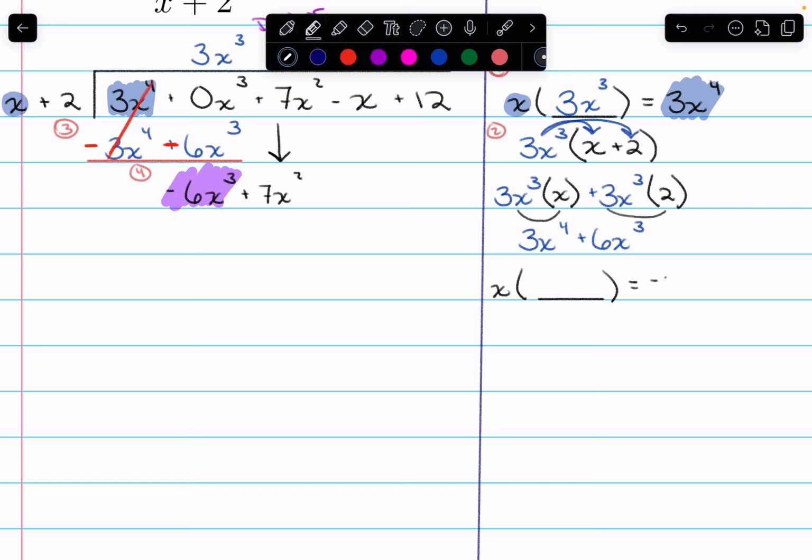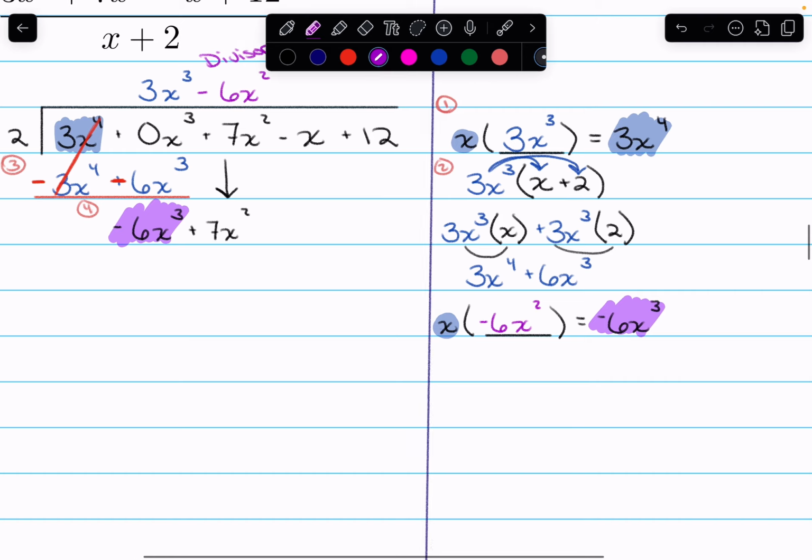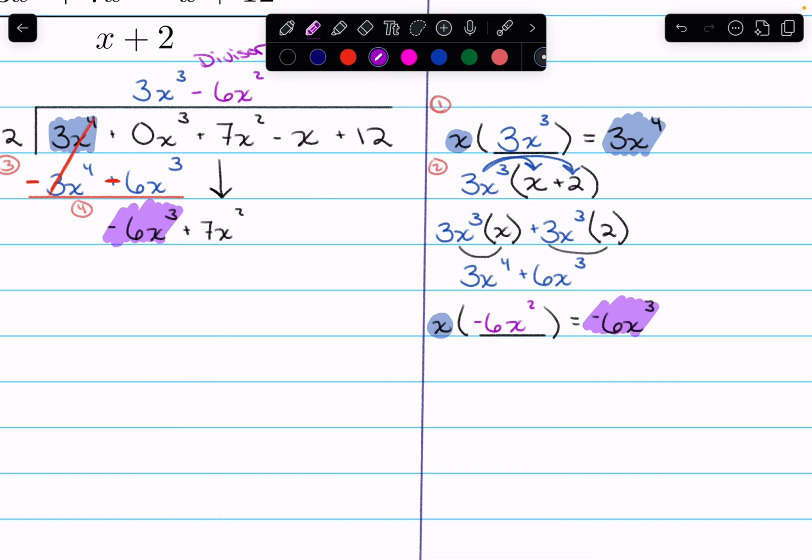This is our new dividend that we have to get to. In order to get to that, we have to multiply by a negative 6, so we get the number part. And then x to x cubed, we have to multiply by an x squared. That's the end of step 1. So I'm going to place that as part of my answer. And then I am going to go on to step 2.